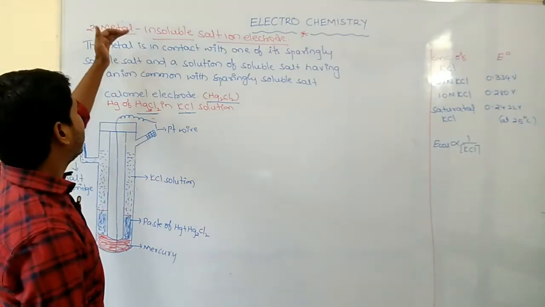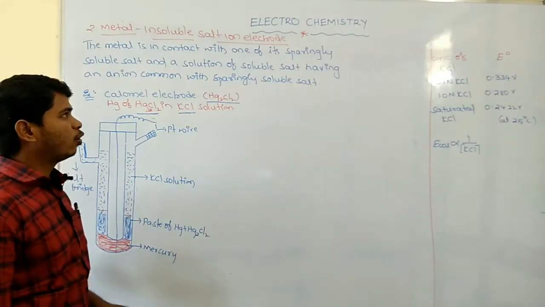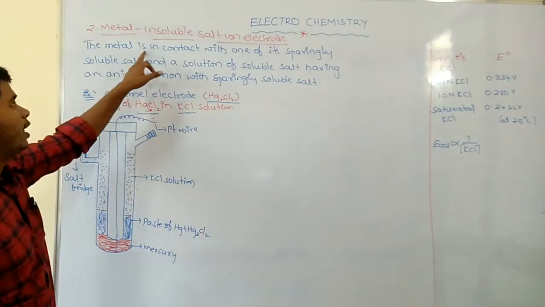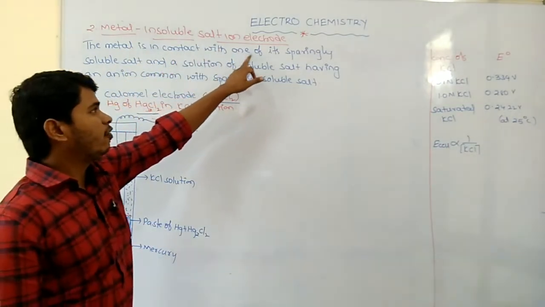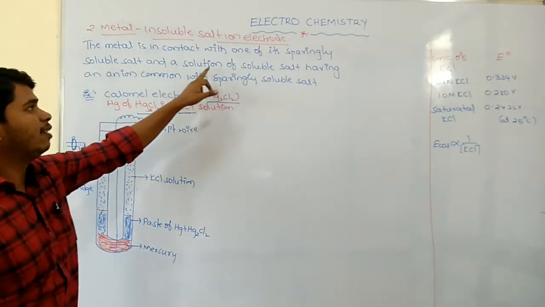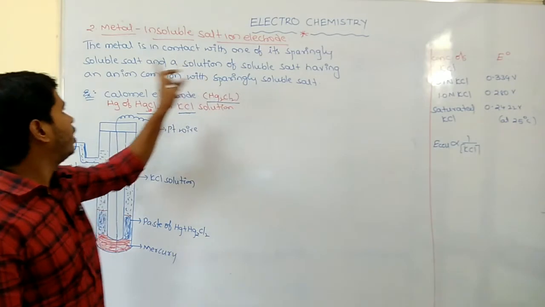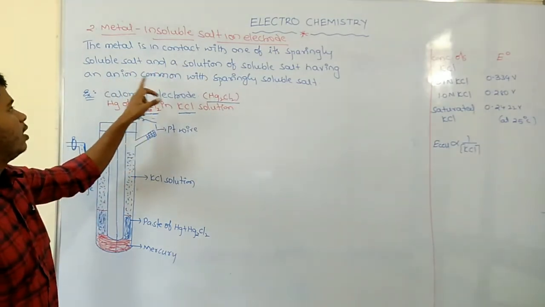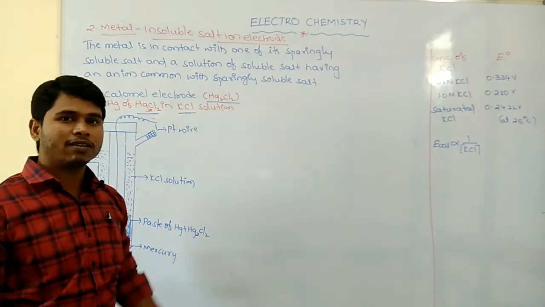So the metal insoluble salt ion electrode can be defined as the metal in contact with one of its sparingly soluble salts and a solution of a soluble salt having an anion common with the sparingly soluble salt.